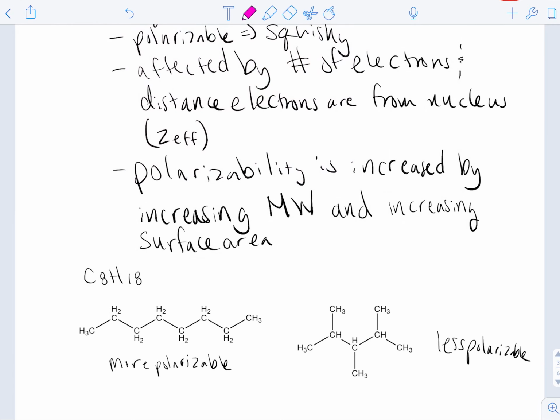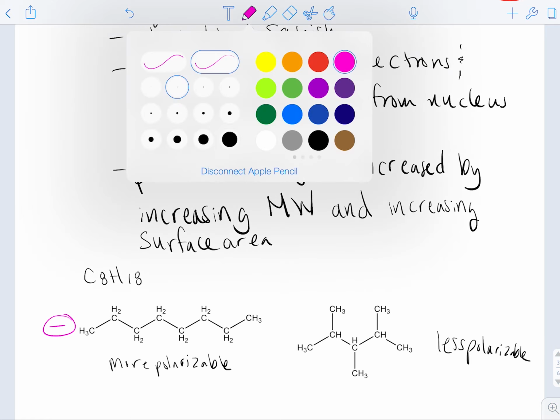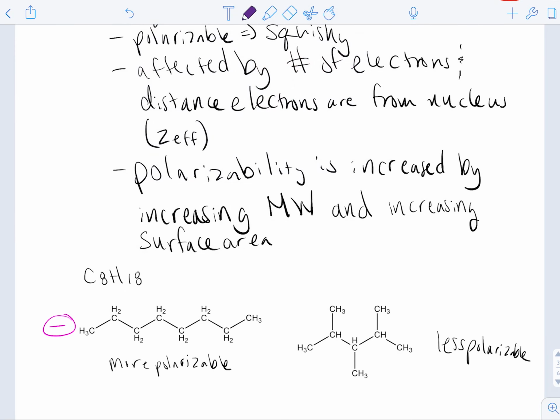With this one, if we bring in a negative charge here, we can induce a dipole and push this electron density to the right, and since we have such a long molecule, we can get a very large partial negative and partial positive by just pushing our electron density to one side of this molecule.